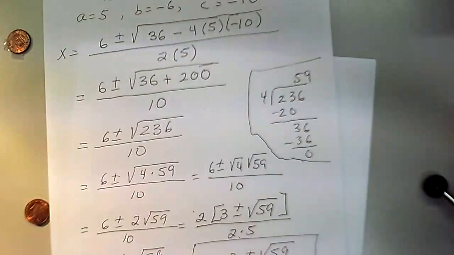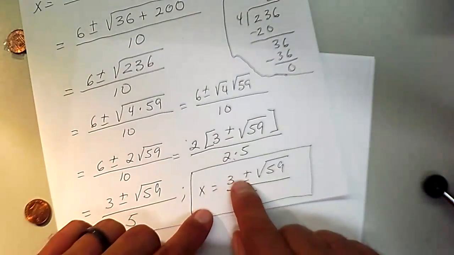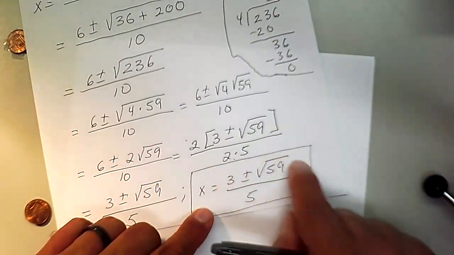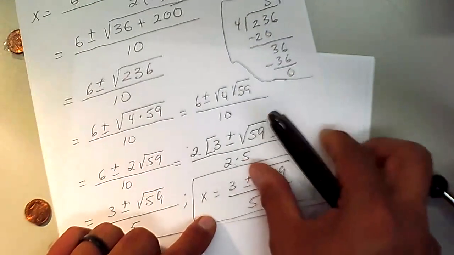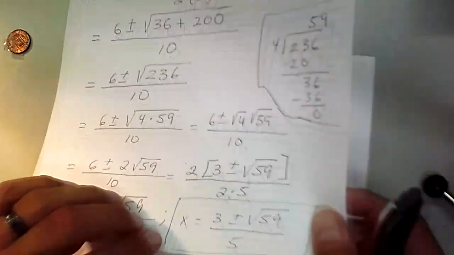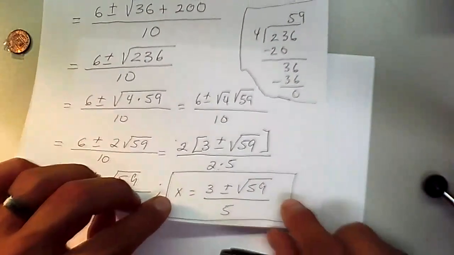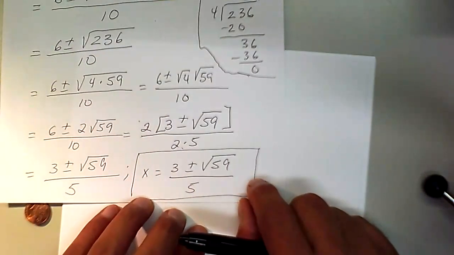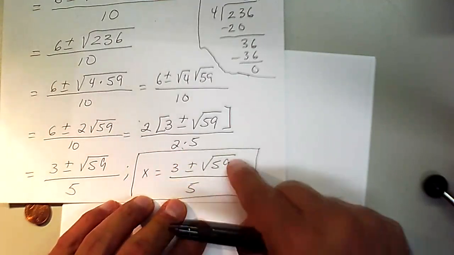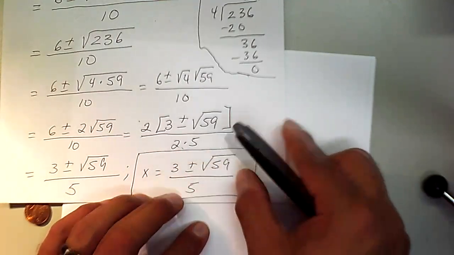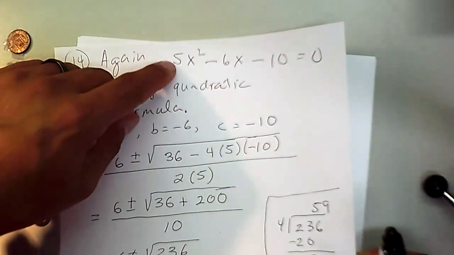Something we have to do too is understand the nature of the solutions. Oh, by the way, this number 3 plus minus square root of 59 over 5, those are two numbers. Those are called the roots of the quadratic equation. Remember what I told you earlier in today's video. Root can mean two things. It can mean just that, or it can mean this in the context of solving a quadratic equation.